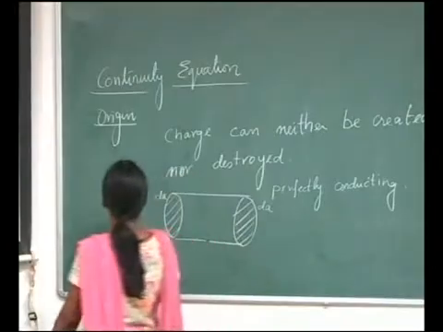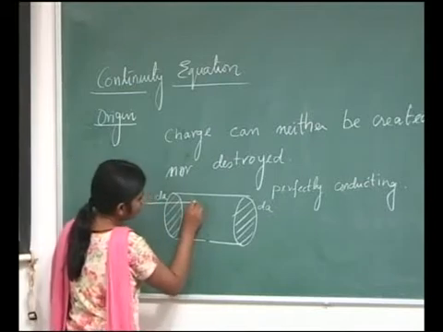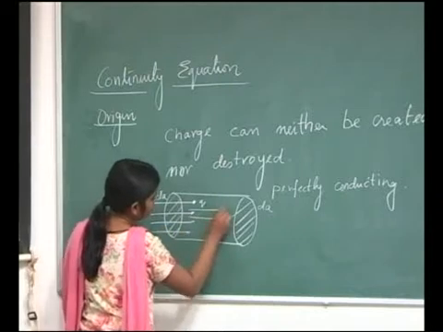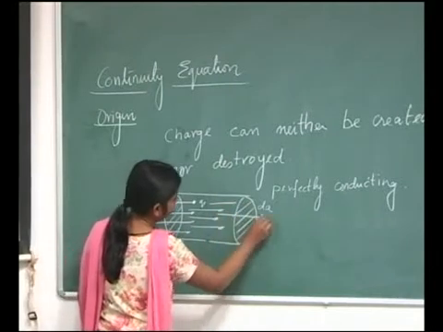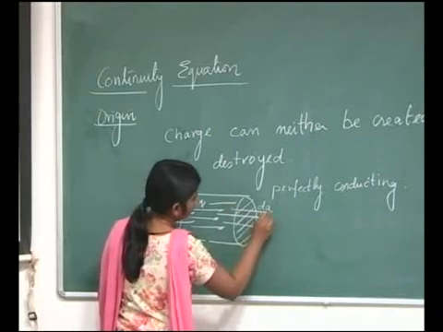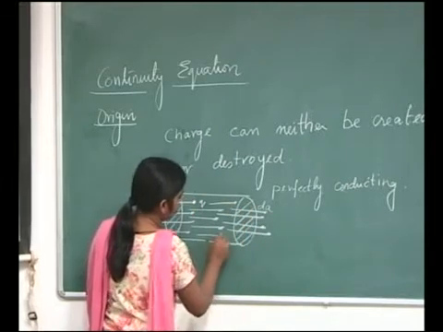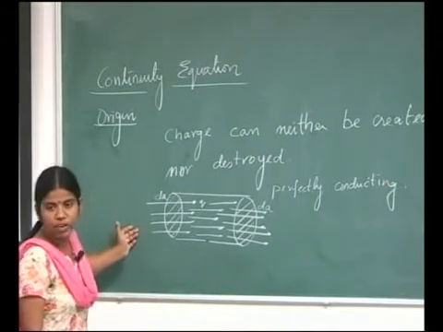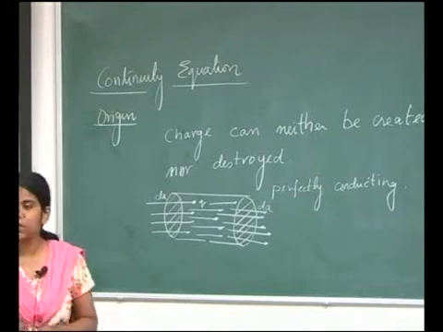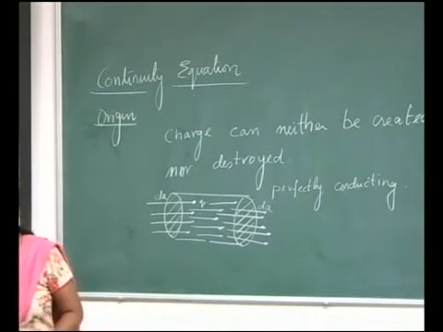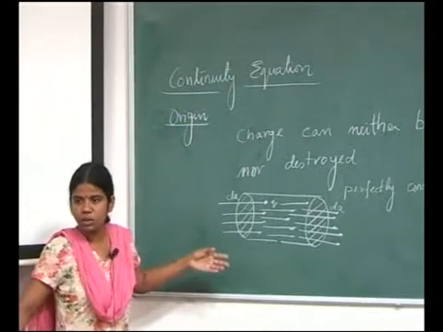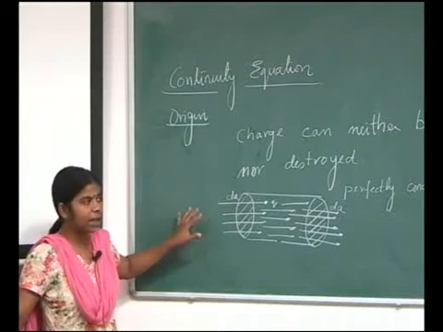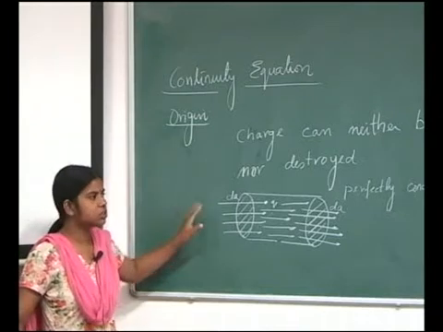Now, I assume that all these n charges are moving like this, and I neglect thermal agitations here. Any system, by virtue of its natural temperature, will have some thermal agitation, so here I neglect those.